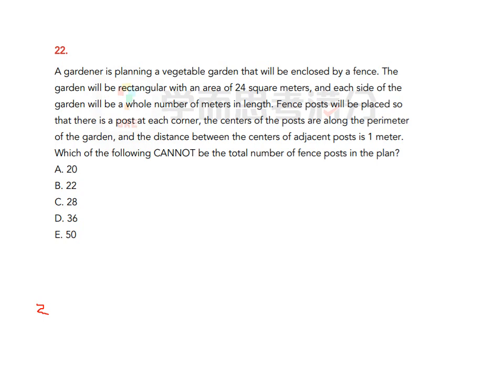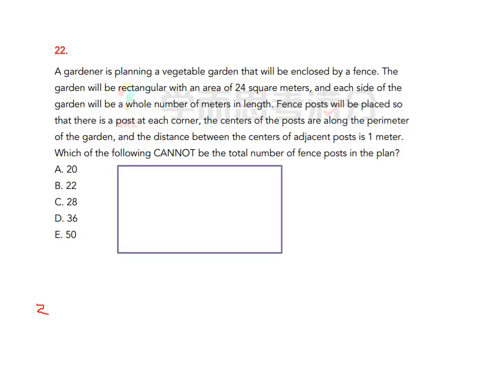The centers of the posts are along the perimeter of the garden, and the distance between the centers of adjacent posts is 1 meter. Which of the following cannot be the total number of fence posts in the plan? Let's draw a garden.